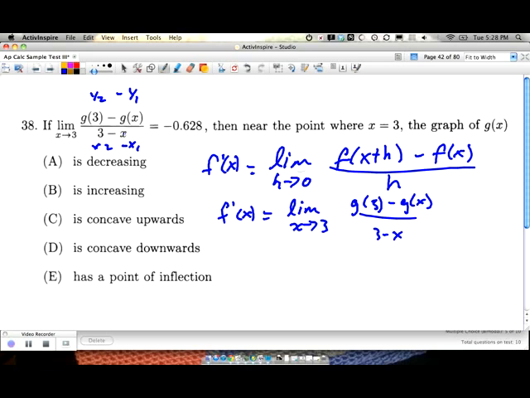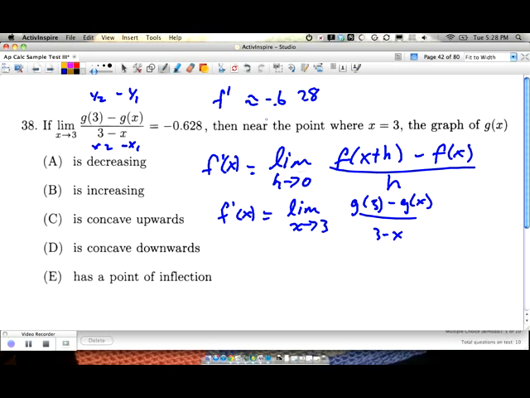We're going from 3 to 3, basically. So we're looking at the instant at 3, the instant slope, which means the derivative. And it's saying that f prime is approximately negative 0.628, pardon me.